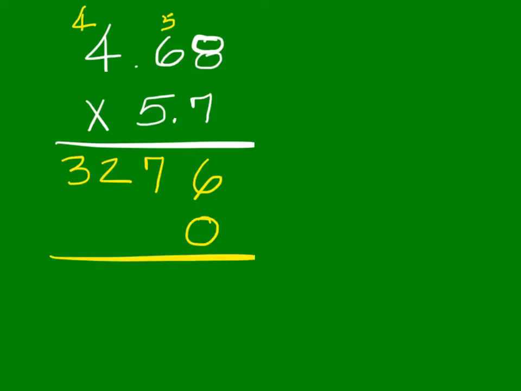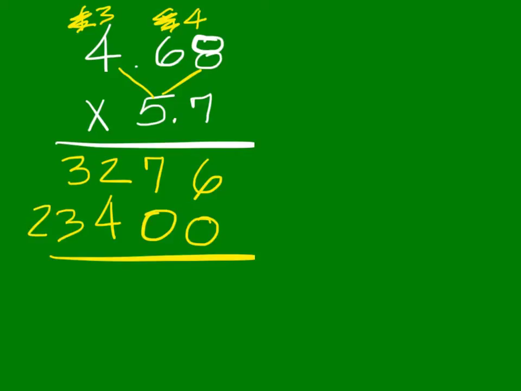Drop a 0 there, and then do 5 times 8 is 40. Carry the 4 to here, above the 6. And 5 times 6 is 30, plus 4 is 34. We're going to carry a 3 over to here. 5 times 4 is 20, plus 3 is 23.